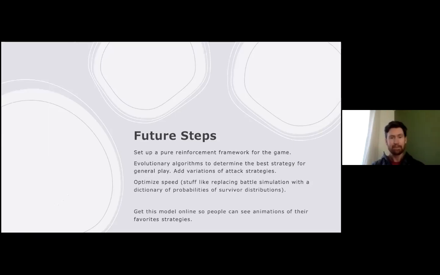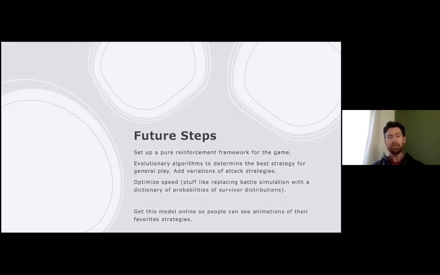All right, the future steps: I want to set up a pure reinforcement framework for the game. So not worry about strategies, just basically assign a point system for incentives that are tracked over time as the game is playing, which will be harder to analyze, but it'll create the best possible strategies over enough time.